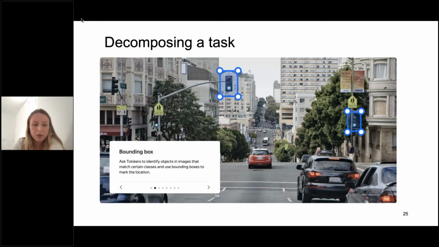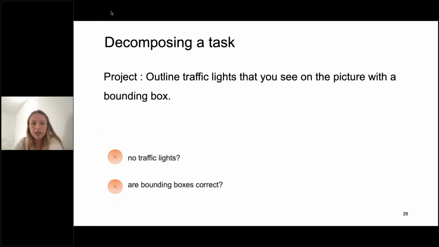So what you probably would do with Toloka, or with crowdsourcing, is create a project and ask people to draw the bounding boxes. Seems very simple, but actually, if you do not decompose this task well, you could run into some problems.